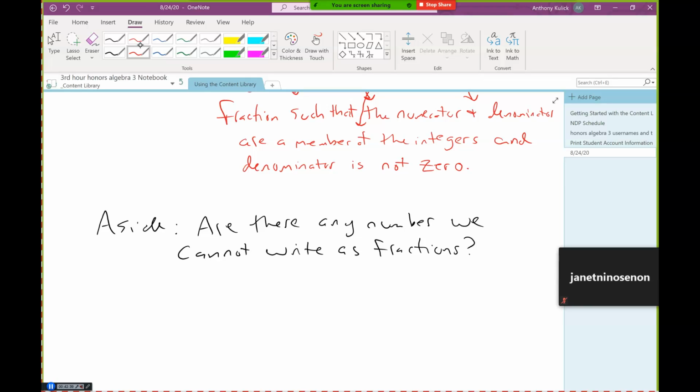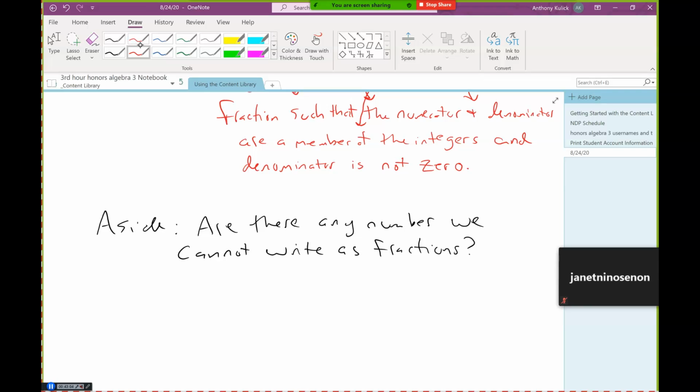Okay, does anybody want to venture a guess? Are there numbers that cannot be written as a fraction? Okay, so irrational numbers cannot be written as a fraction. Very good. What is the basic fundamental example when we talk about irrational numbers?